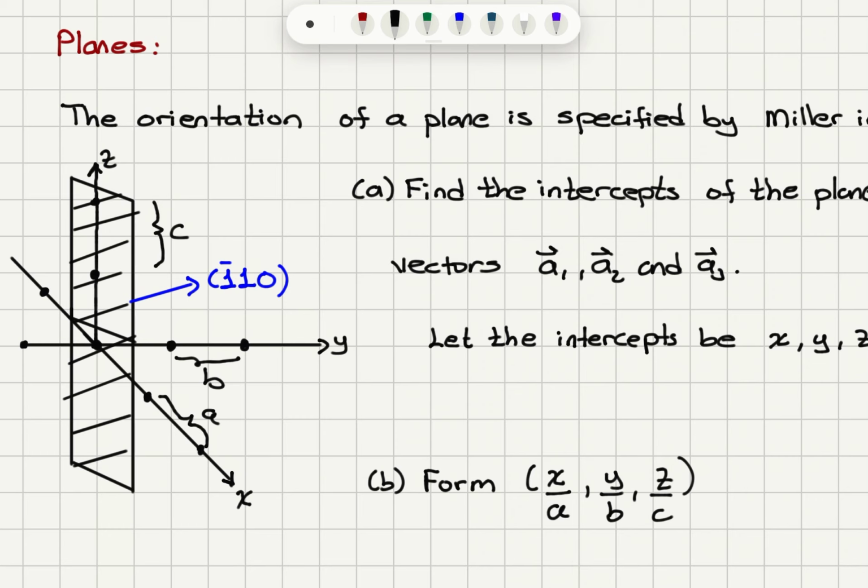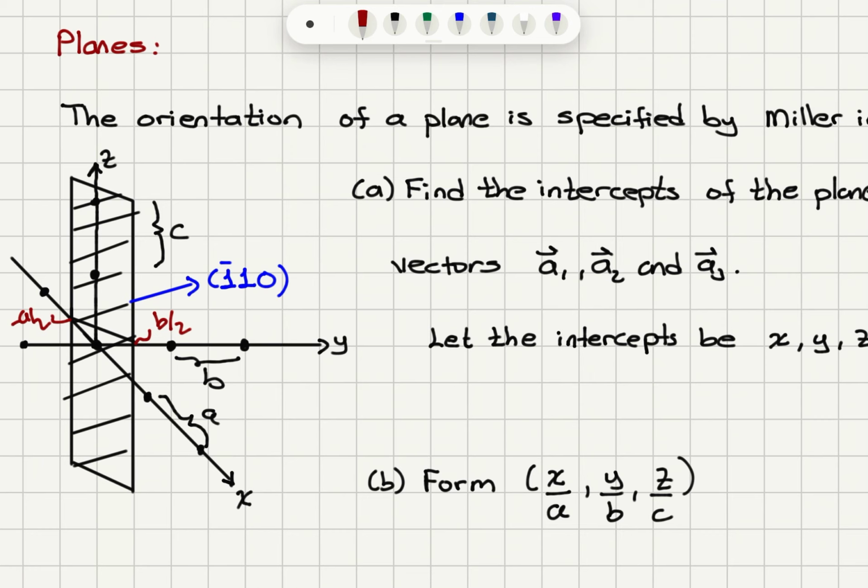Here is a plane. The intercepts are here at b over 2, you can see, and here at minus a over 2. And the other intercept would be at infinity. So why is it a over 2 and b over 2?